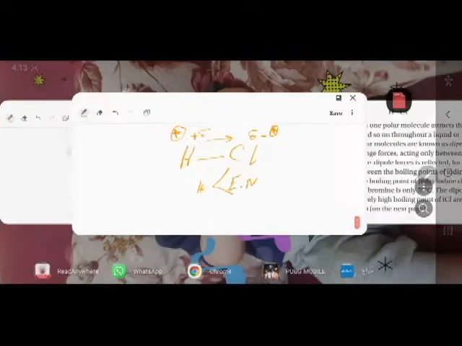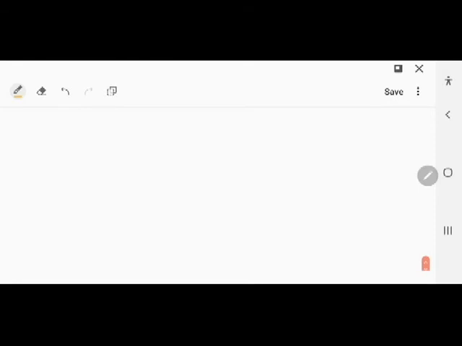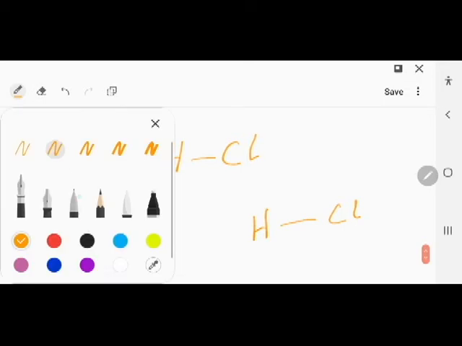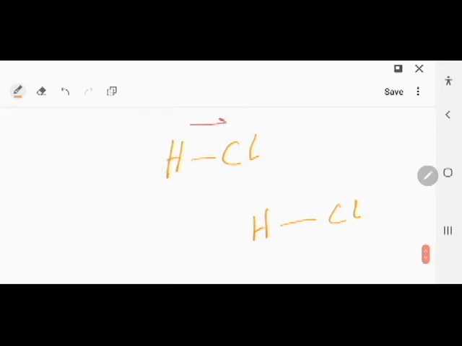So for example, if we have HCl and we have another HCl here, this will be the positive one and this is the negative side, and here we have the positive, here the positive and here is the negative.